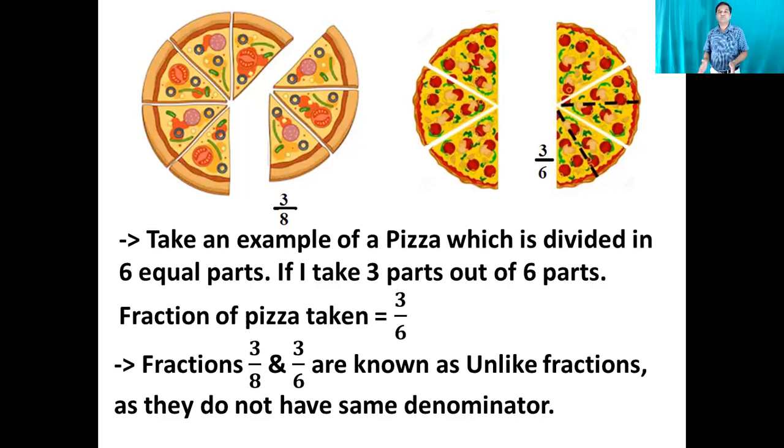Although we have taken the same number of parts from the pizza, the pizzas are not divided into an equal number of parts. So in unlike fractions, the wholes are not divided into an equal number of parts, and that's why just by looking at them, their comparison or their addition becomes difficult. So one more type we have seen: the unlike fractions.